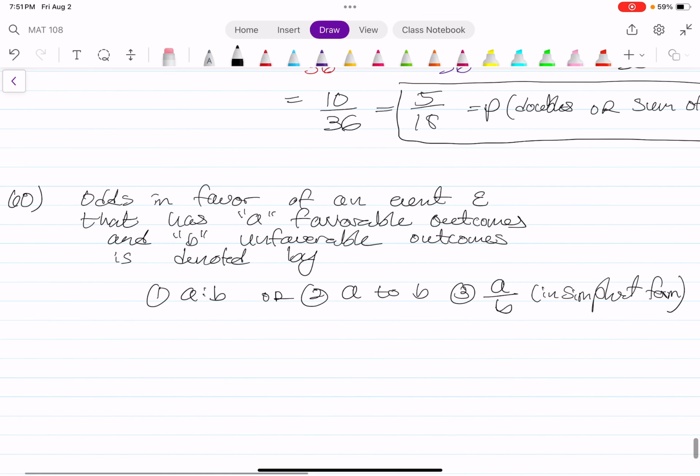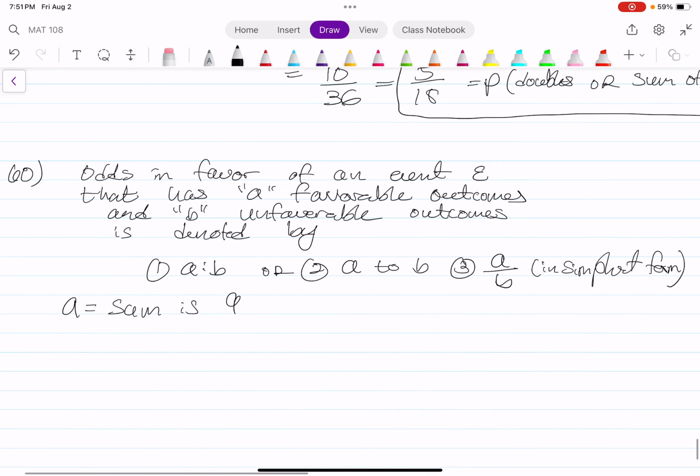All right. So A, that means the sum is 9. How many outcomes give us the sum of 9? So that's going to be 3 and 6, 4 and 5, 5 and 4, 6 and 3.